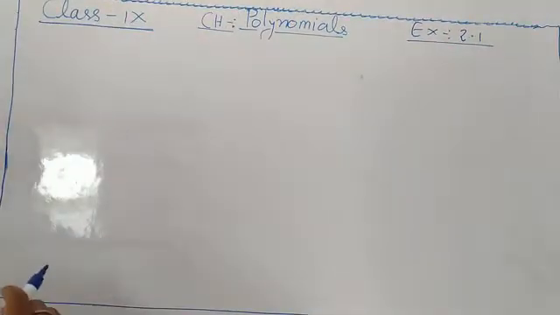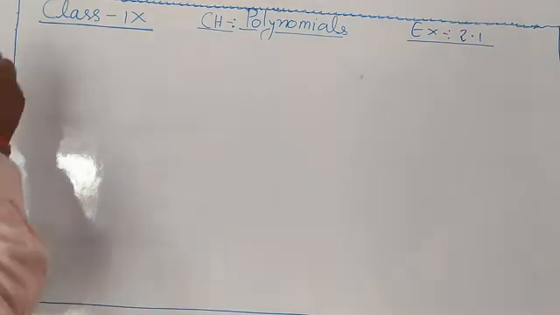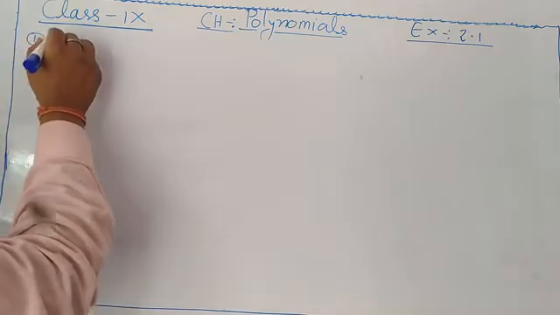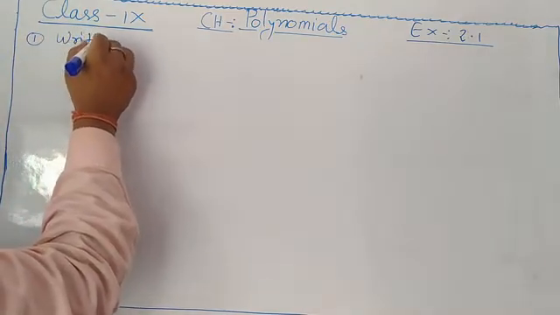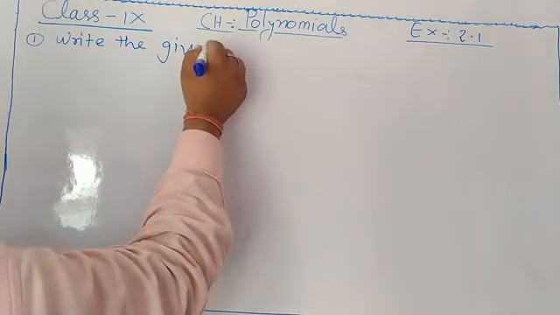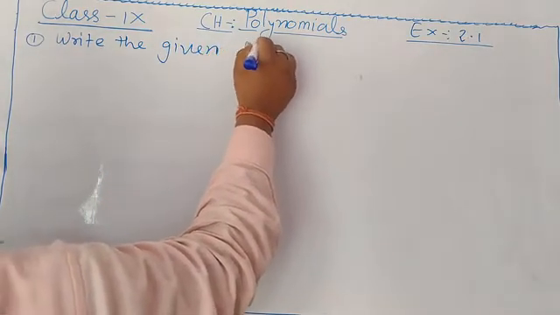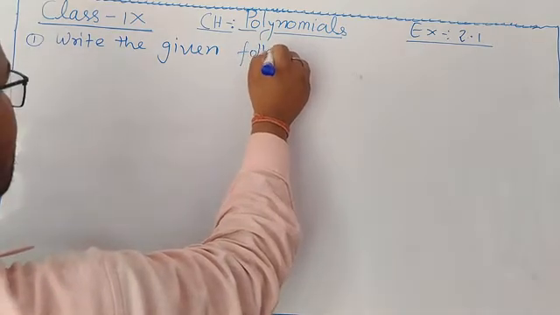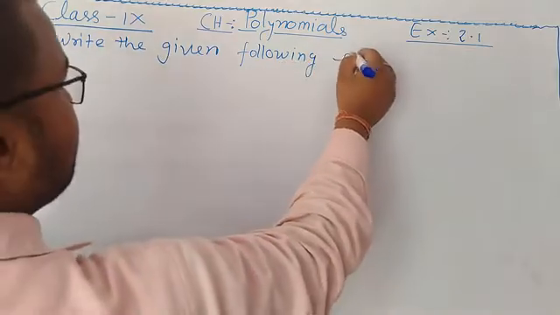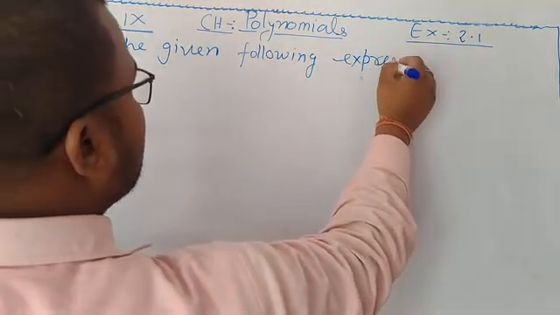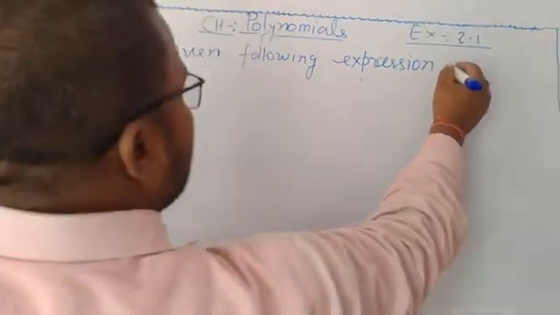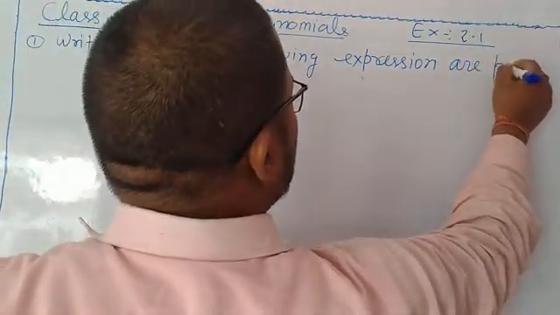Exercise 2.1. Solve the exercise 2.1. First question: write whether the following expressions are polynomials.